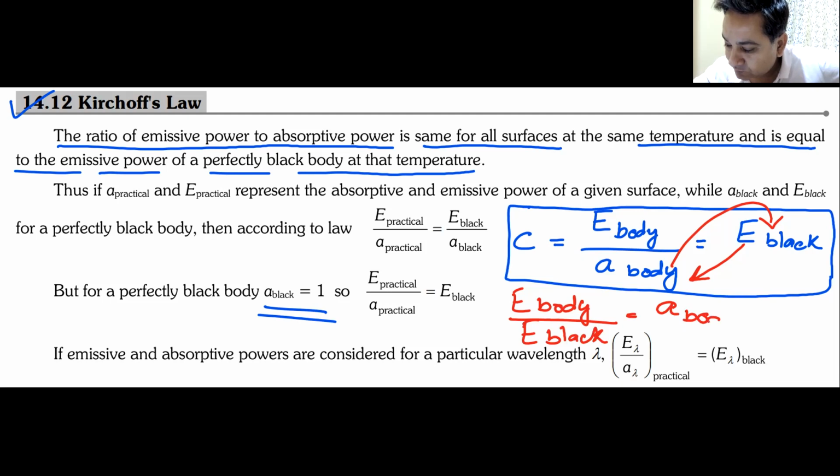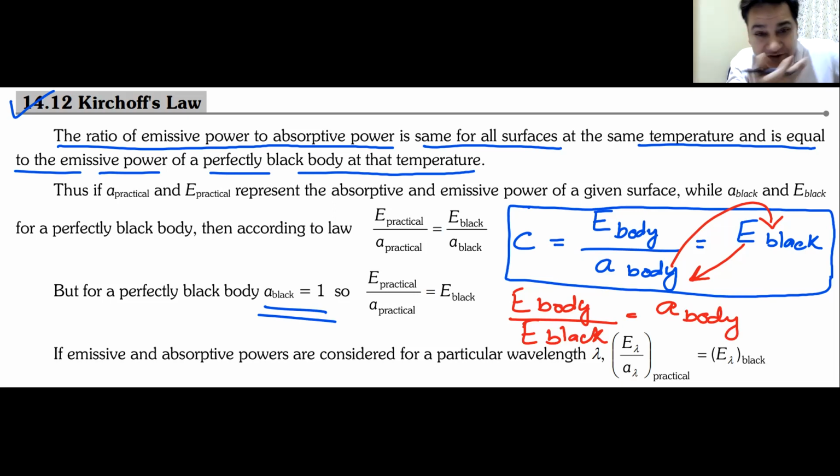But as soon as you see emissive power of the body divided by emissive power of the black body, this is now a ratio. What does this ratio give you? Absorptive power of body. That is what you have just learned now.